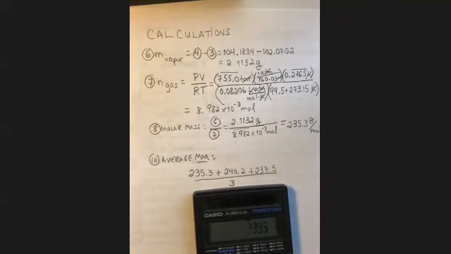And of course, the units were grams per mole. And that's the number that we're going to put in here in our box for the average molar mass, 237.7. Again, this is units of grams per mole.